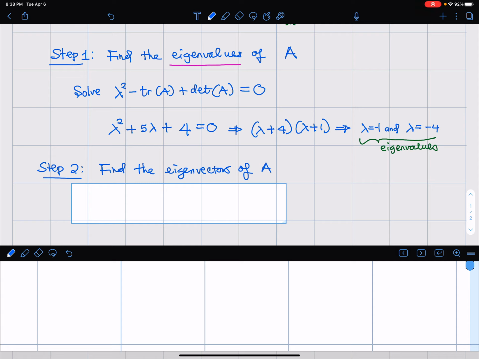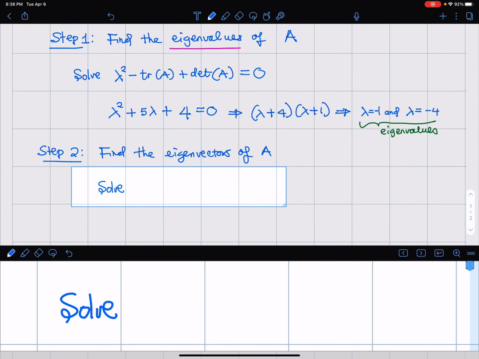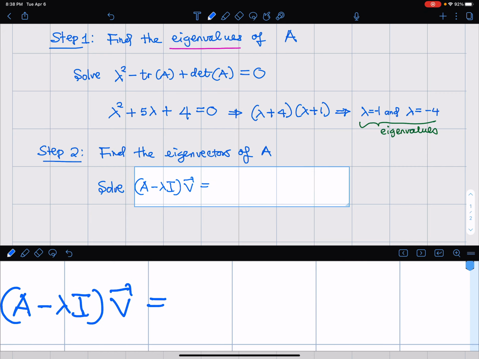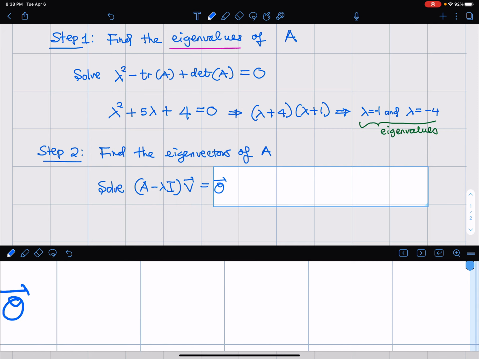How do we find the eigenvector? We need to solve the equation (A minus lambda I) times the vector v equal to the zero vector.